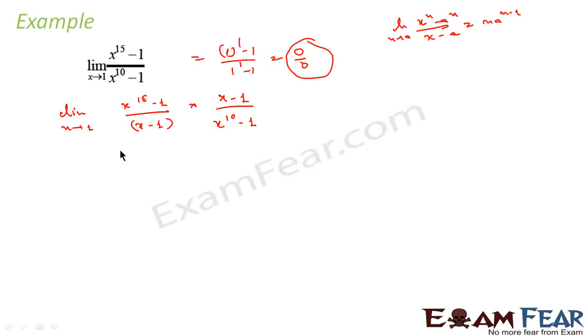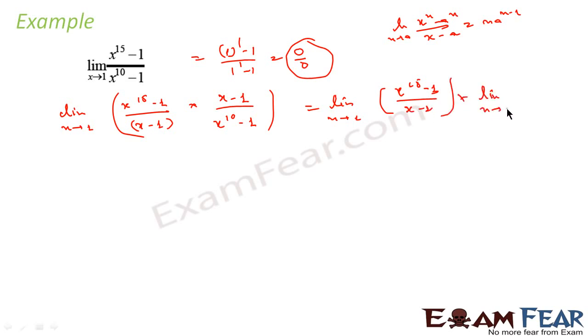So what we can write this as, this whole thing is nothing but limit of x tends to 1 of x to the power 15 minus 1 by x minus 1 into limit of x tends to 1 of x minus 1 by x to the power 10 minus 1. This also we can do because this law is true: limit of AB is equal to limit of A into limit of B. The multiplication property holds true for limits.